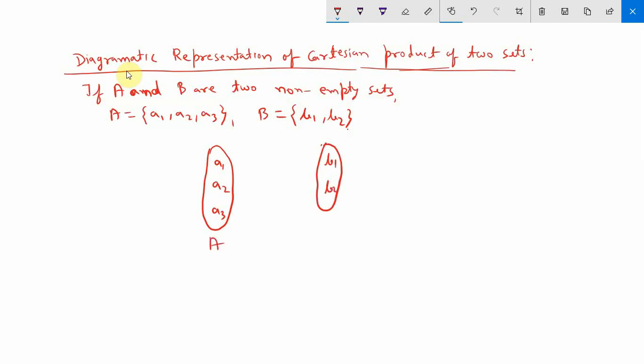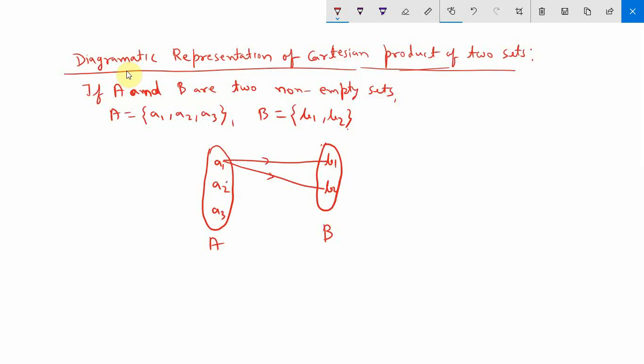Okay, this is our set A, this is set B. Next, we have to draw line segments starting from each element of set A and terminating at each element of set B. So from A1 to B1, and from A1 to B2. So with A1 we will get two ordered pairs, that is A1 B1 and A1 B2.